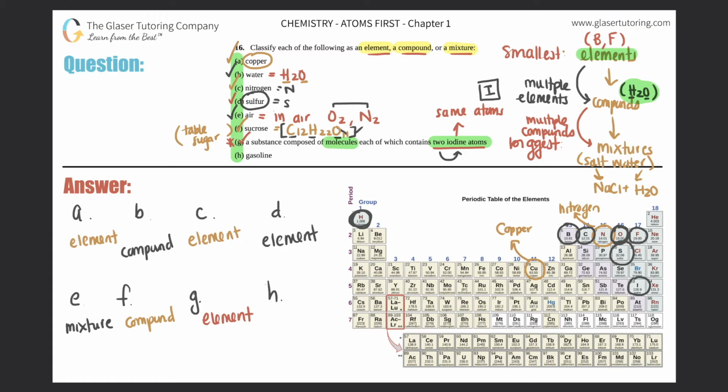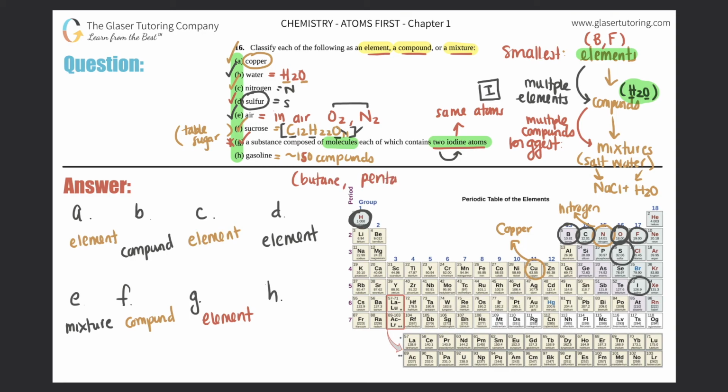And last but not least, gasoline. Gasoline, if you look on the periodic table, it's not a single block, so element is automatically out. But it turns out that gasoline has a whole slew of compounds. There's actually, I think, roughly 150 compounds in gasoline. A lot of them are going to be organic compounds. You don't necessarily need to know that, but they have cool names. So butane would be one compound in gasoline.